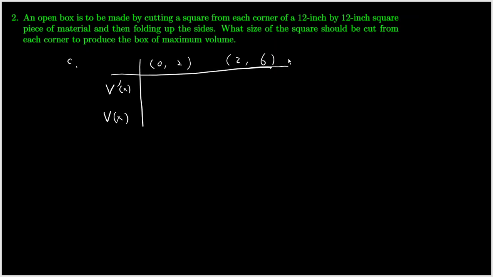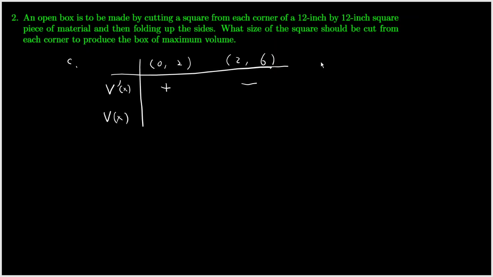Okay, it's going to be a positive number. Likewise, you could use a test number of 3 on the interval from 2 to 6 to evaluate the derivative of the function at 3. Because 3 can be treated as a test number from 2 to 6, I believe that value is negative. We did it last time.